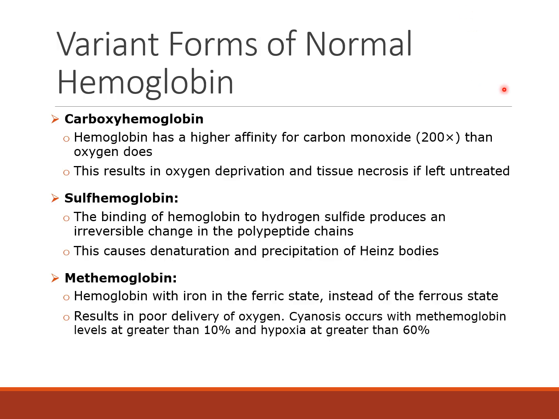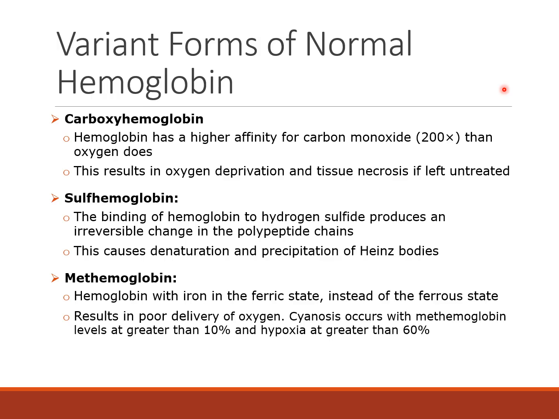We talked about variant forms of normal hemoglobin. Now, when I say normal hemoglobin, I don't know if normal is quite the right word, but let's say variant forms of hemoglobin. This would be hemoglobin that started out as A2 and then binds with something other than oxygen, okay? So for example, carboxyhemoglobin is hemoglobin that has a higher affinity for carbon monoxide than oxygen.